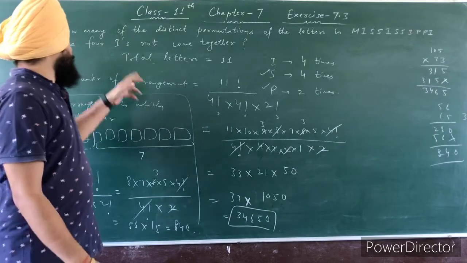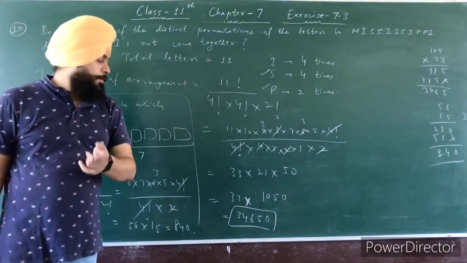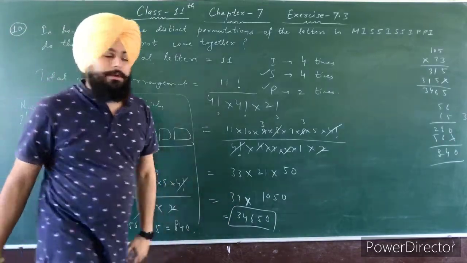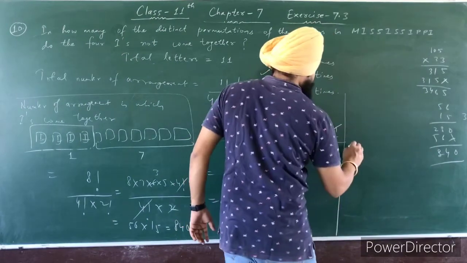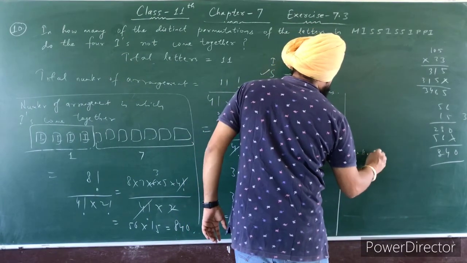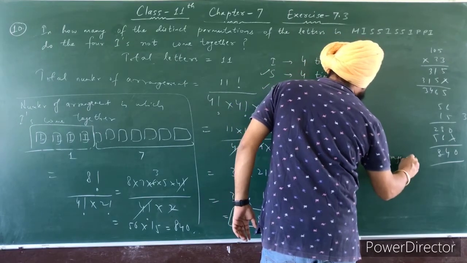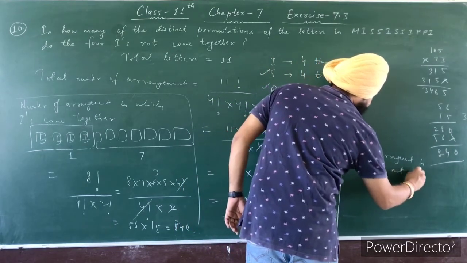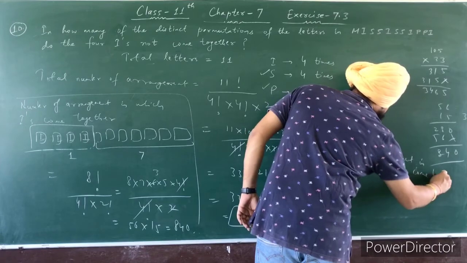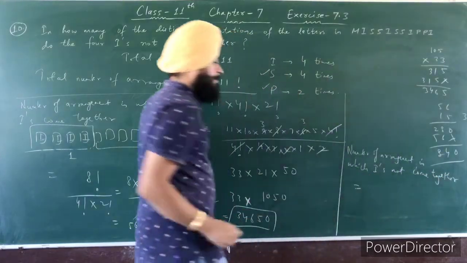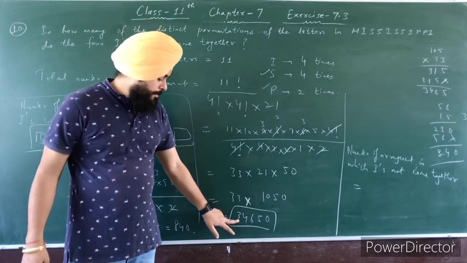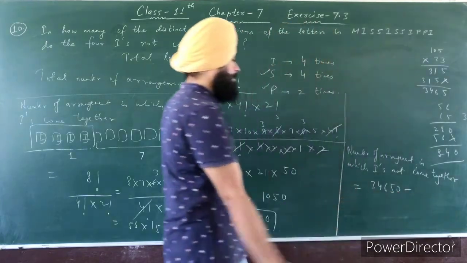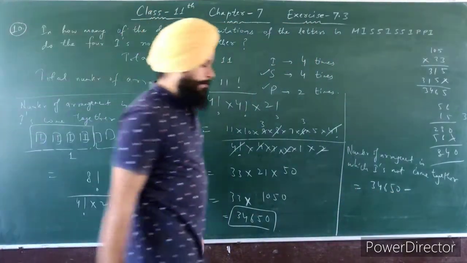But we have to find the number of arrangements in which I does not come together. So what do we have to do? From the total arrangements, you will subtract those in which I came together. So the number of arrangements in which I is not come together: there are total 34,650 possibilities, and in which I is come together 840 words.